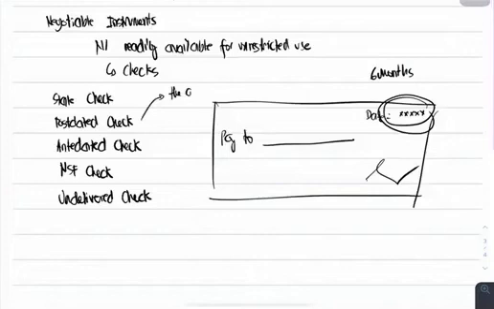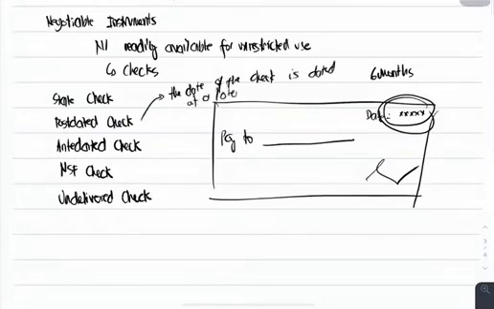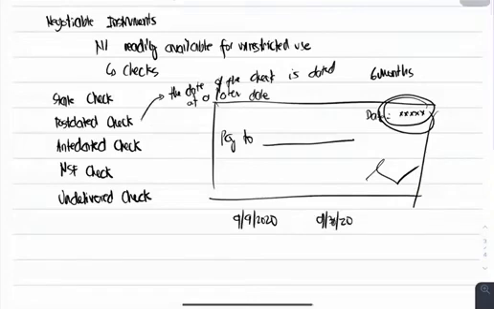So for example, today is 9/9/2020. Now, let's say that you place on your check 9/30/2020, so September 30, 2020.